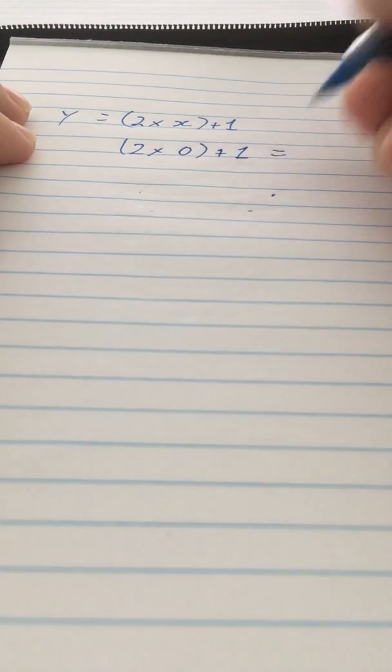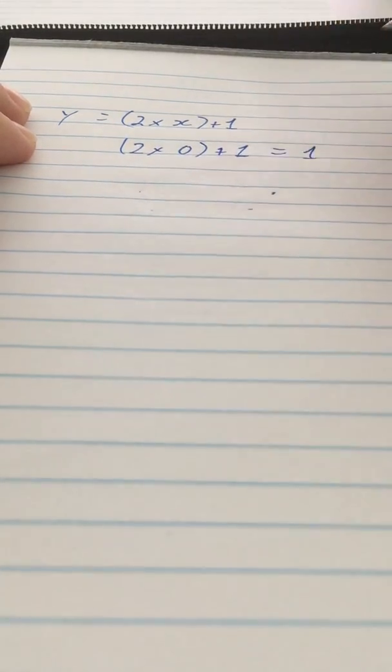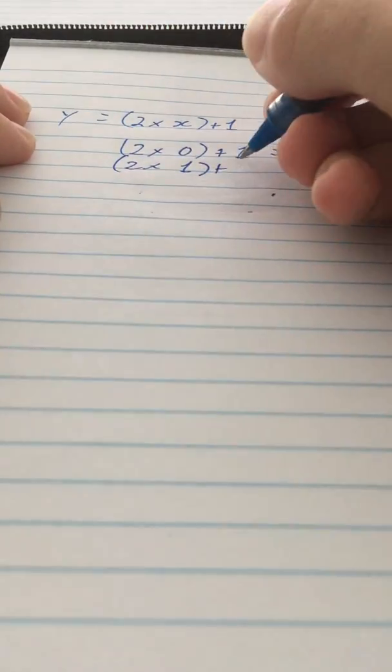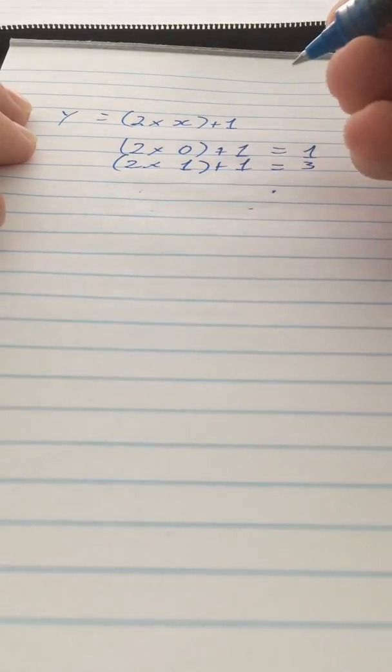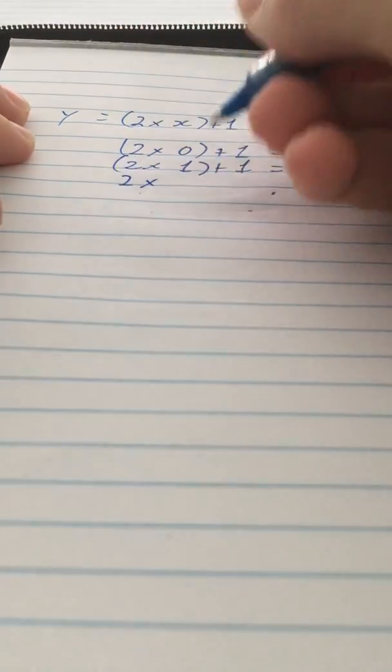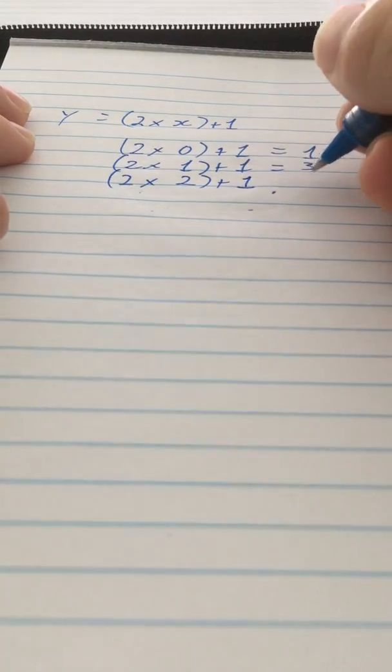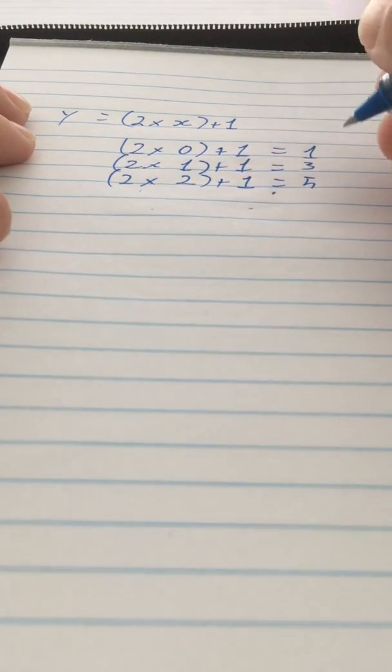We'll have 0: 2 times 0 plus 1 equals 1, and we'll have 2 times 1 plus 1 will equal 3, and so on. We'll just do one more: 2 times 2, plus 1, which will equal 5.